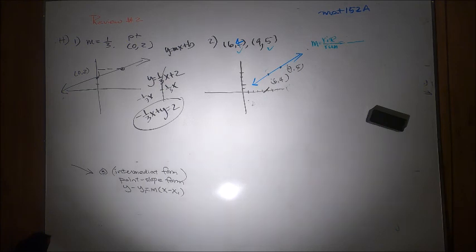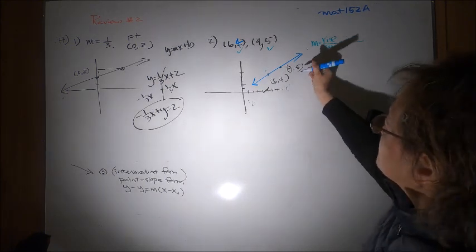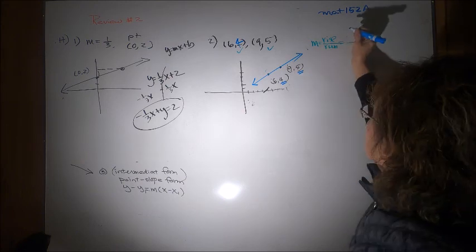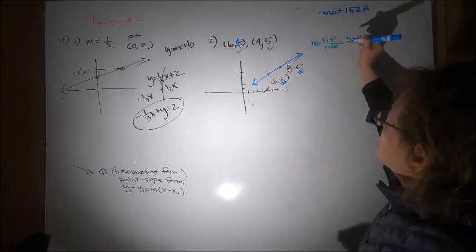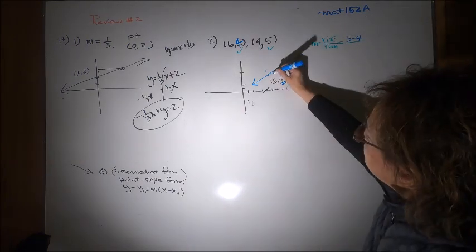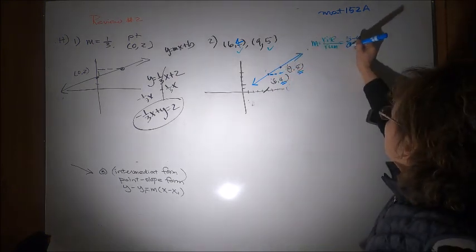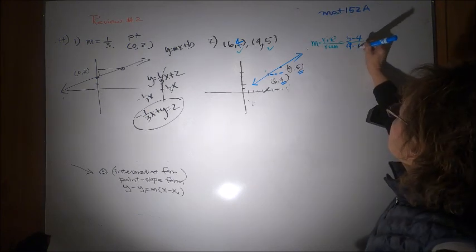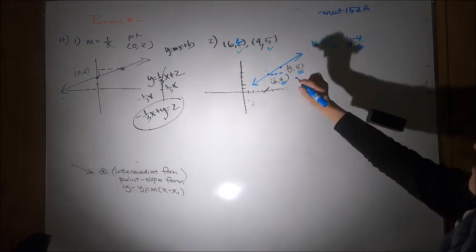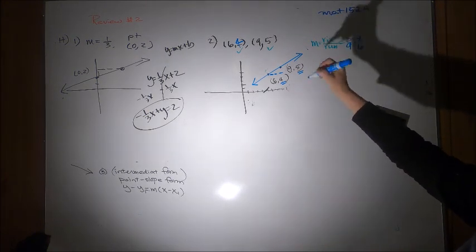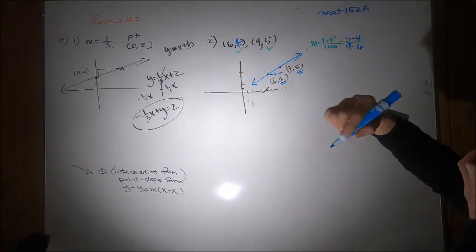right? So your rise is what? The difference of y, so it's 5 minus 4. Then run will be what? The x, right? Will be 9 minus 6. Okay, we better identify which point is your first point you use.